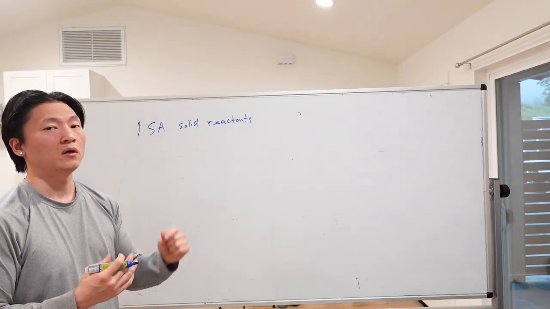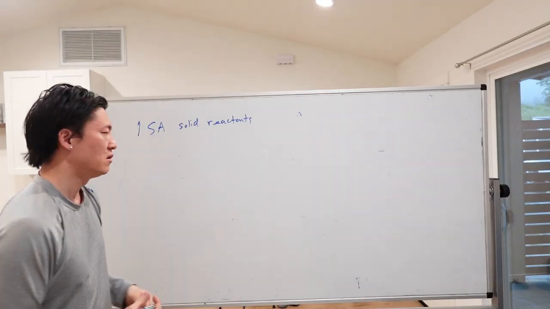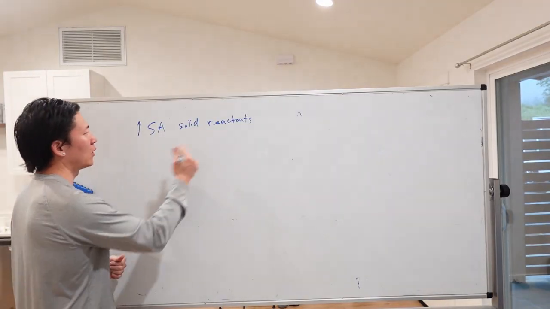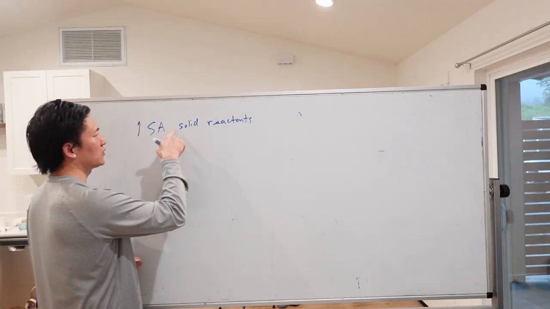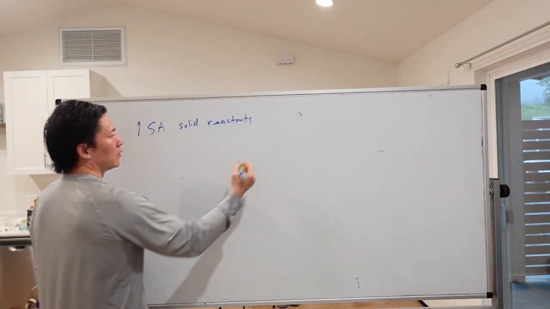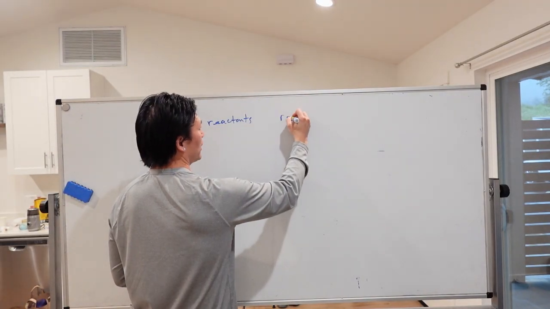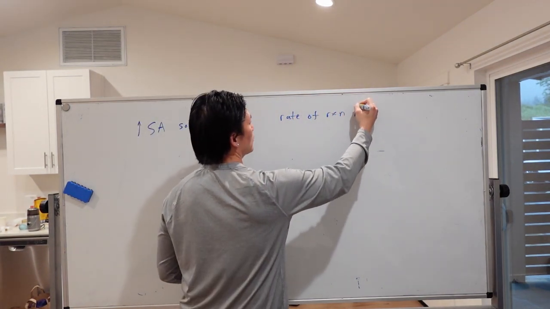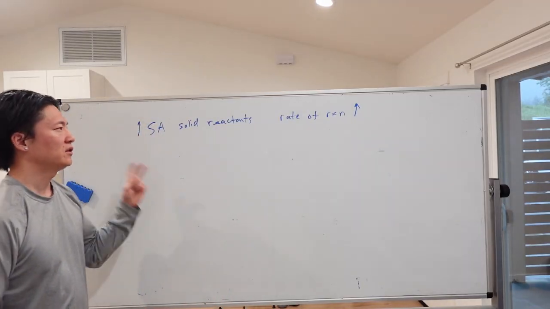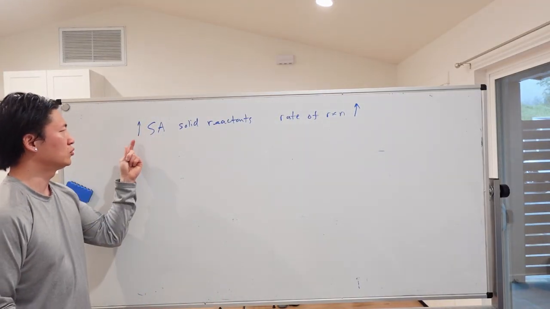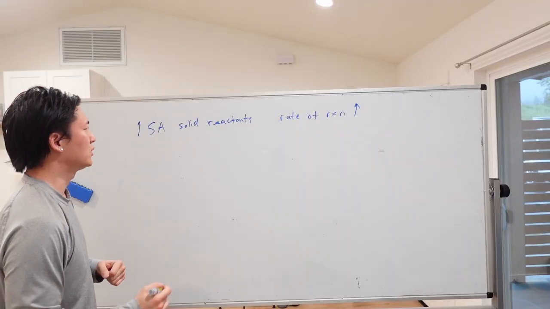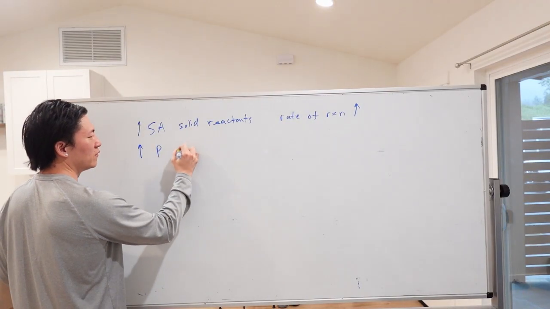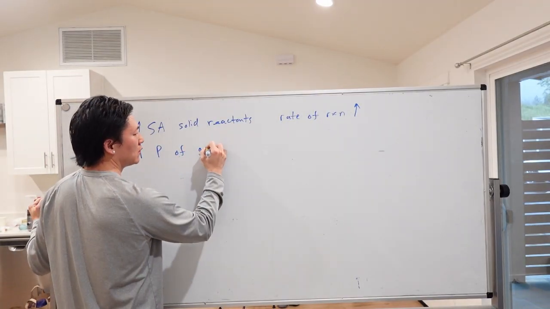But a piece of metal like iron, that has surface area. So if you increase the surface area of a solid reactant, the rate of reaction increases. And please, if you do explain this in words, you should not write an arrow, you should just write out increases.